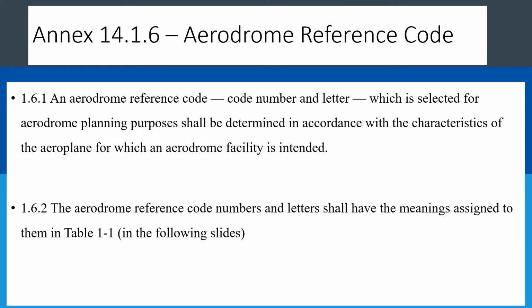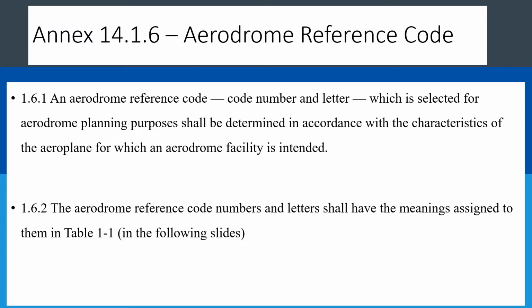Annex 14, Chapter 1, Section 6 talks about the Aerodrome Reference Code. It explains that an Aerodrome Reference Code is a code number and letter which is selected for aerodrome planning purposes and shall be determined in accordance with the characteristics of the aeroplane for which an aerodrome facility is intended.